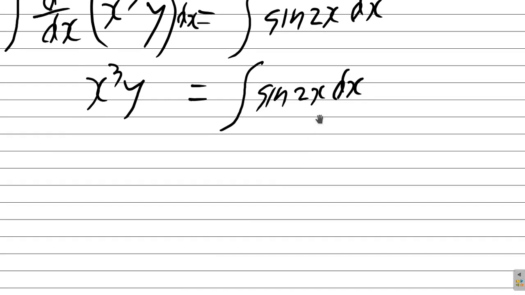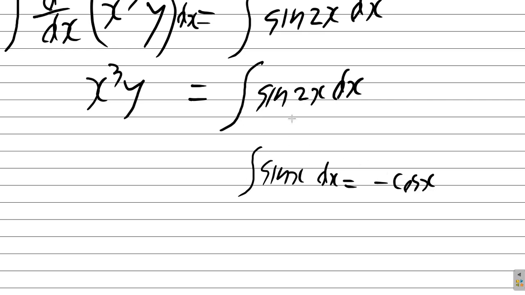Now, you know that when you differentiate sine, you get cos. When you differentiate cos, you get minus sine. So if you integrate minus sine, you get cos. I'm just trying to remember the table of derivatives. If you have the table of derivatives in front of you, no problem. Now, if you had the integral of sine x dx, what you will get is negative cos x.